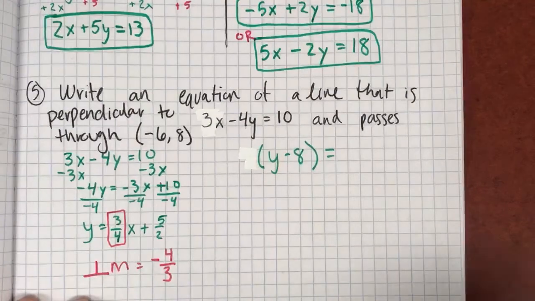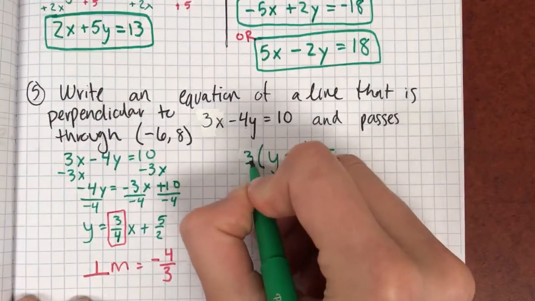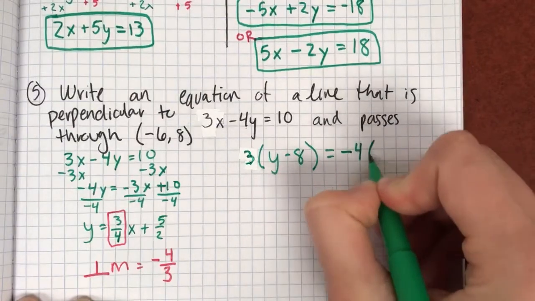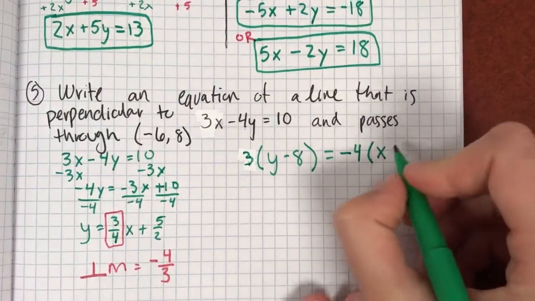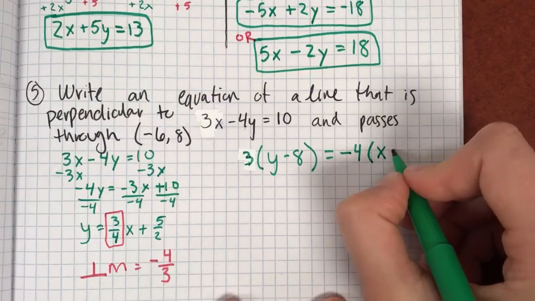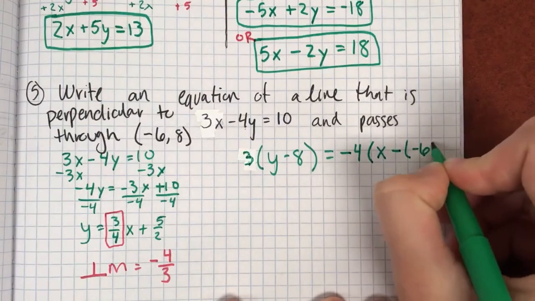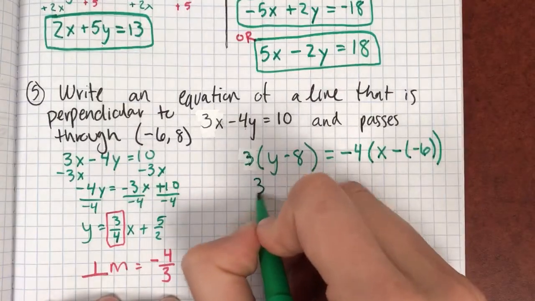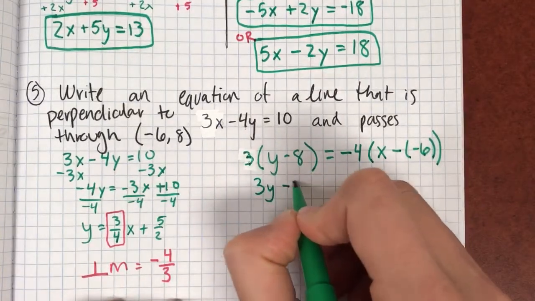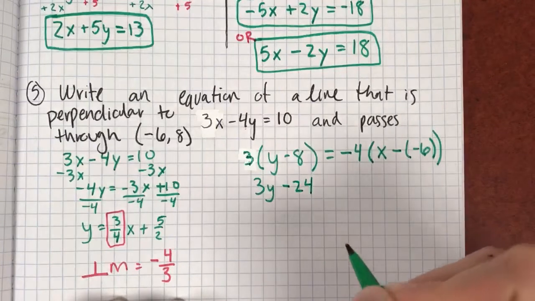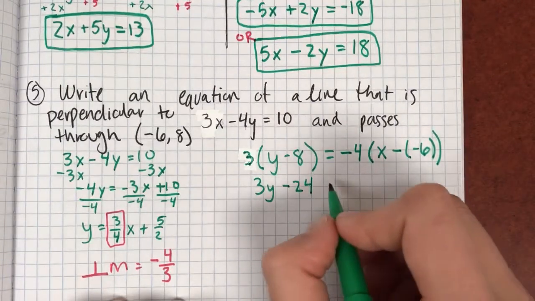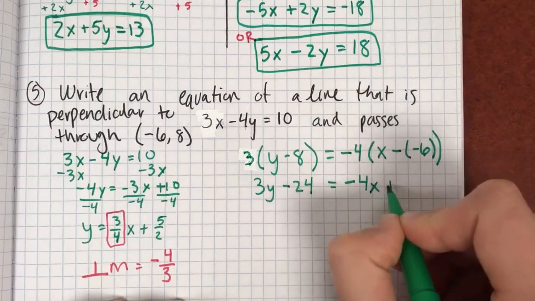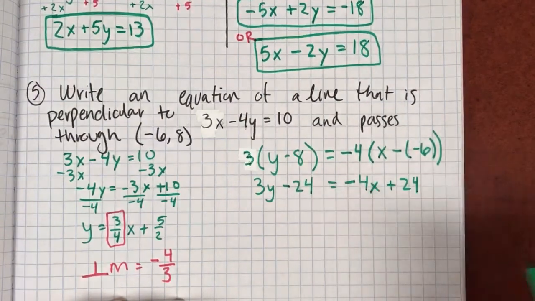So here we actually have a 3 and a negative 4x, and it's minus negative 6. So that will eventually change to a positive. So we've got 3y minus 24 equals negative 4x plus 24.